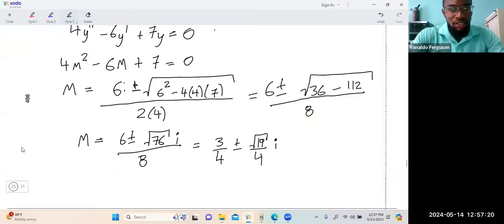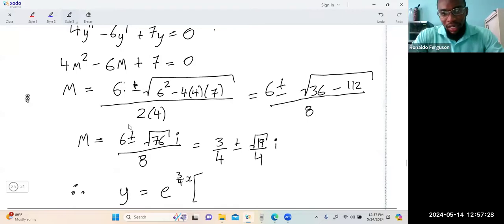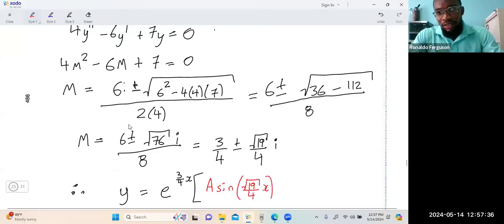So therefore, your general solution is y equals e to the 3 over 4 x, in brackets, a sine root 19 over 4 x plus b cos root 19 over 4 x.